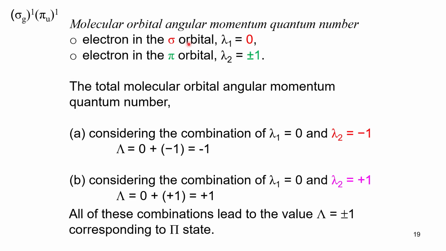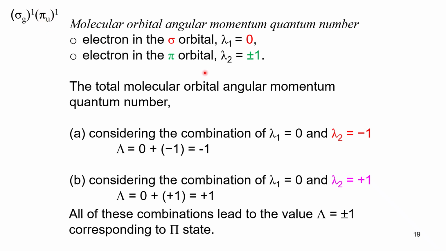The molecular orbital angular momentum quantum number with reference to the internuclear axis for electron 1 and electron 2 can be determined. For electron 1 it is labeled lambda 1, because the electron is in the sigma bonding orbital, so lambda 1 equals 0. While electron 2 is involved in the formation of pi bonding.